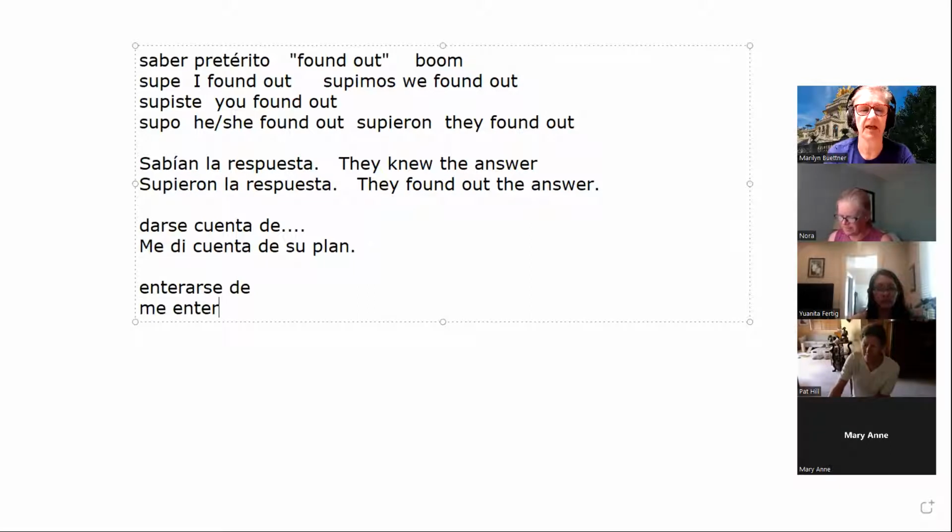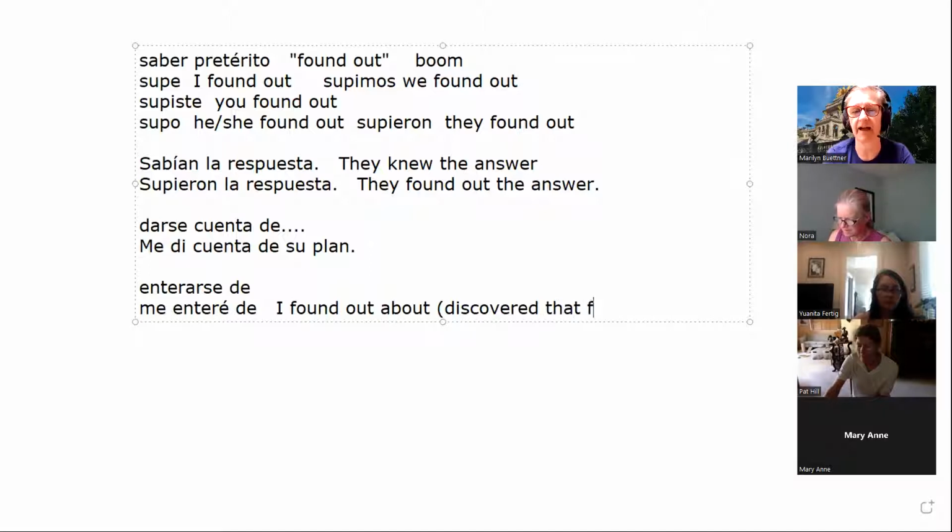Me enteré de. I found out about, I discovered that fact. So Spanish oddly has some words that happen to be synonyms for this idea of found out, discovered.